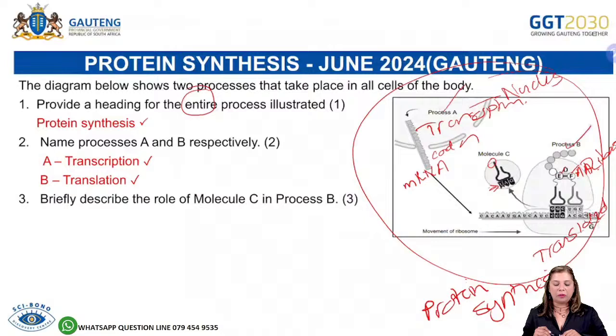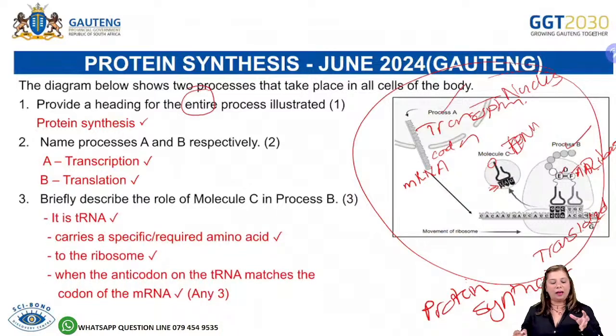Briefly describe the role of molecule C. Where's C? Let's look for C. We already identified it. We said it is transfer RNA, isn't it? Sorry, tRNA. And when they ask you to describe the role of a certain molecule, even though they're saying describe, the first thing you must do is name what molecule it is.